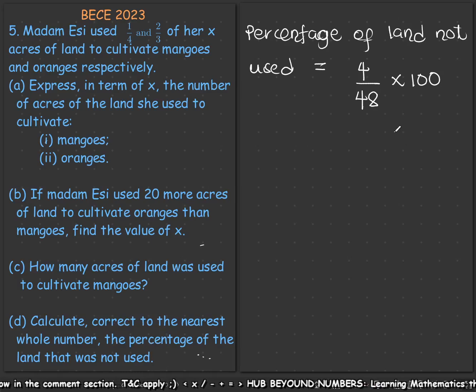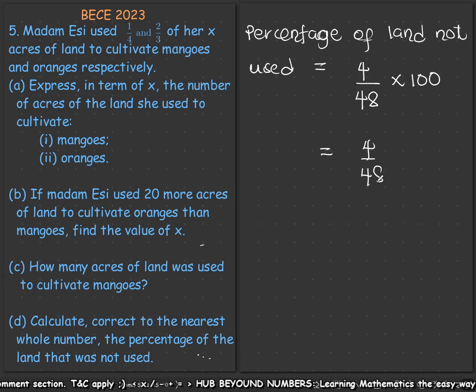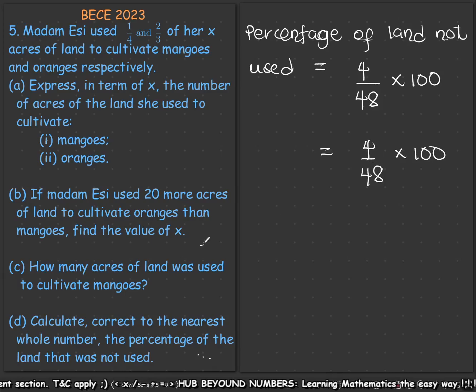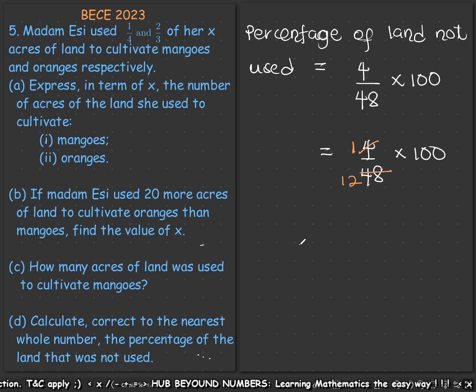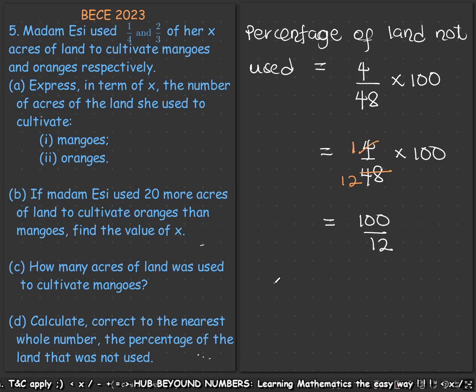Okay. So simplifying this, we have 4 over 48, then times your 100. So 4 divides itself once, and it divides 48 12 times. Evaluating further, we have 100 over 12. Now all we need to do is a simple long division.